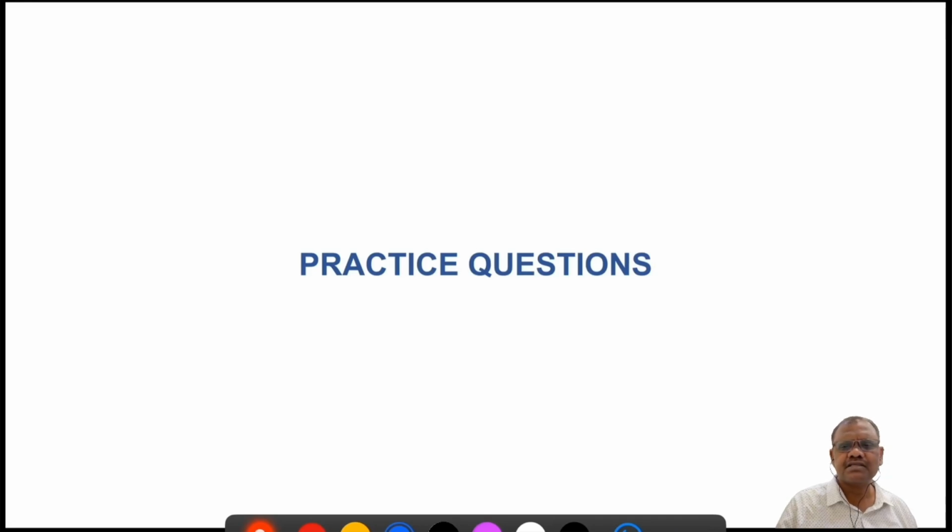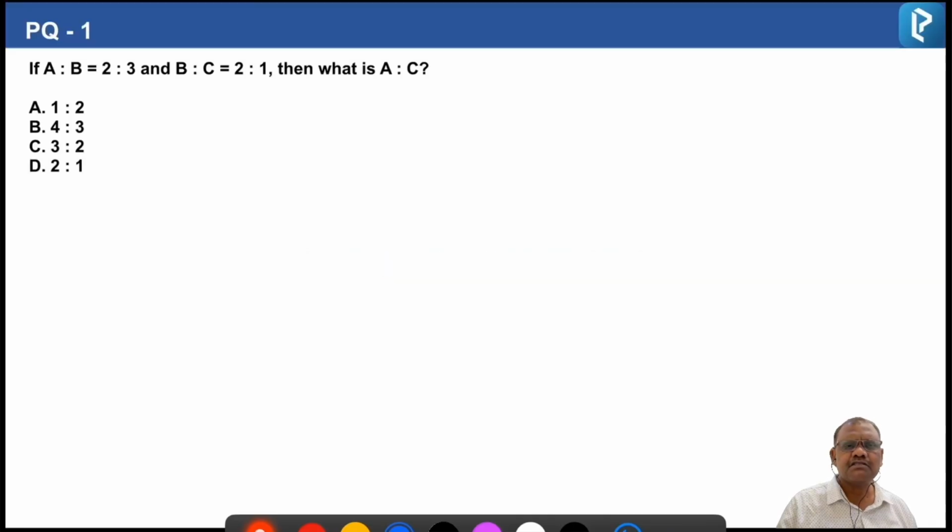Now let us solve some questions based on these concepts. Practice question 1. In this question, A is to B is given as 2 is to 3. B is to C is given as 2 is to 1. Then what is A is to C?